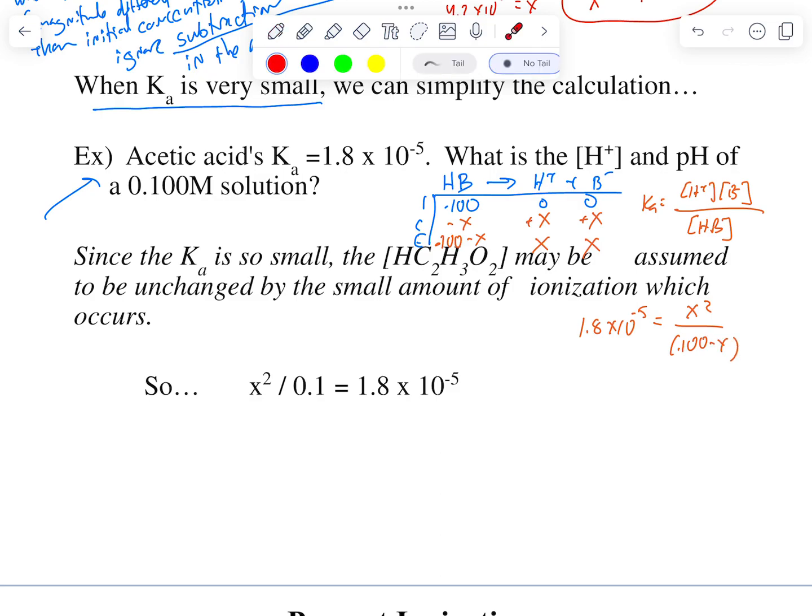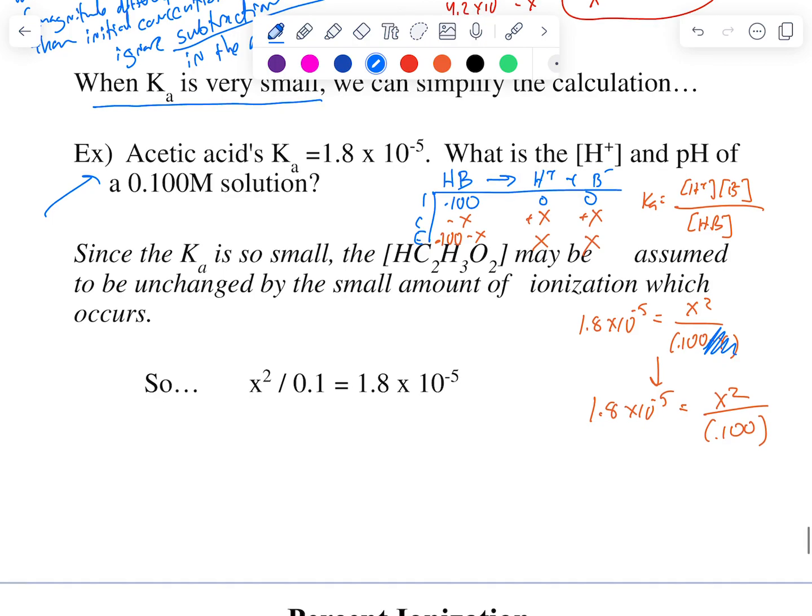Now again, we get to that point where we're looking at our Ka value, 1.8 times 10 to the negative fifth, and we're looking at our initial concentration, 0.1. So 0.1 and 10 to the negative fifth, this is again 4 orders of magnitude apart. So we can rewrite this and simplify it as 1.8 times 10 to the minus fifth is equal to x squared over 0.1. Basically, ignoring this bit right there.